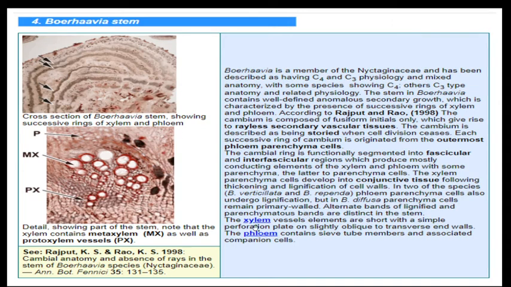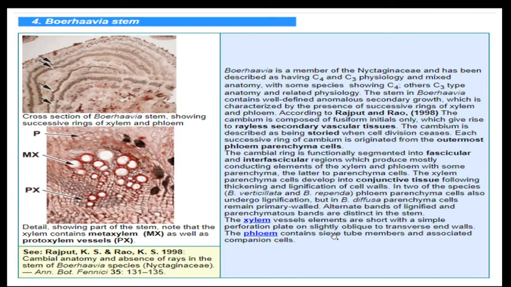So here is the development of alternate lignifying patches, rings or bands. The xylem vessel elements are short with a simple perforation plate. These perforation plates are nothing but a vessel's opening, and if the vessel opening has pits or holes or long elongated plates, that is a perforation plate. This perforation plate is slightly oblique to the transverse end wall. And the phloem contains sieve tube members and associated companion cells.